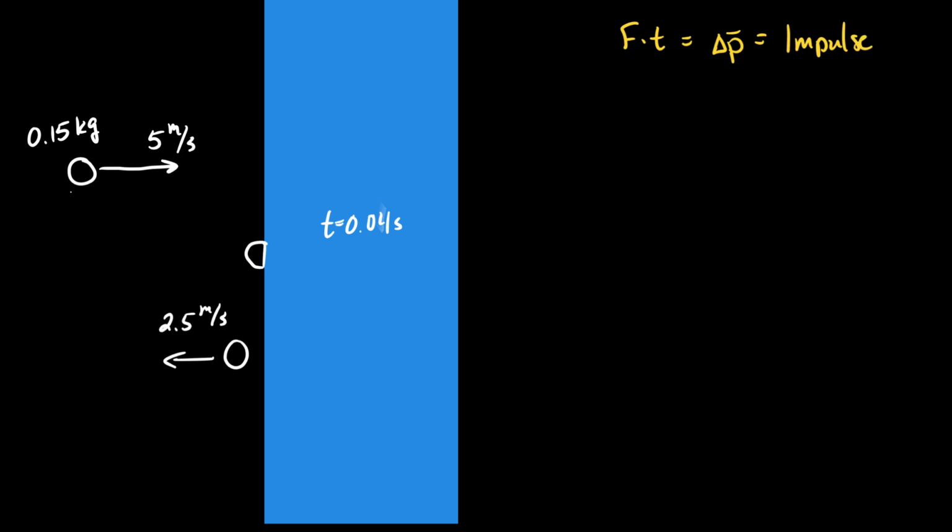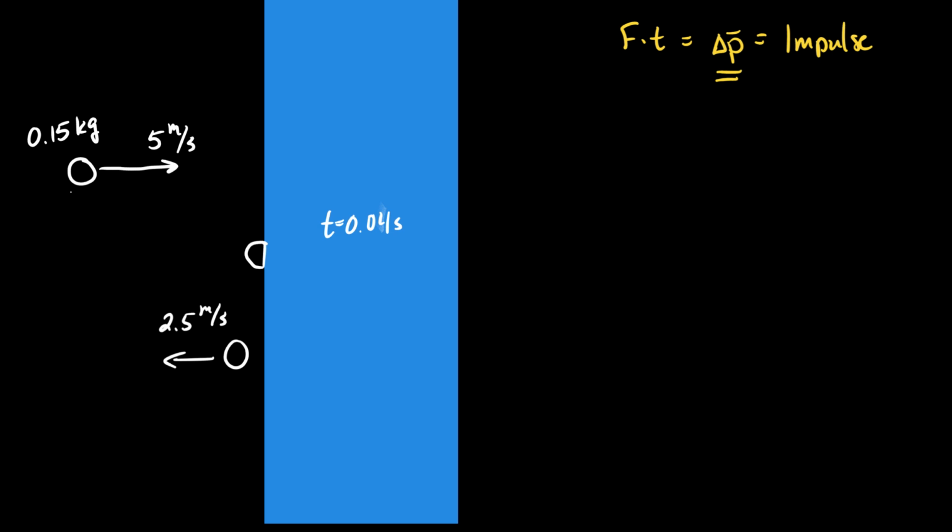Look, I see mass of the ball and the velocity of the ball very clearly expressed. So it seems to me that change in momentum is the way to go. Time has been given to me too, but nothing about force has been given to me directly. So I don't think I'm going to calculate force times time to get the impulse.